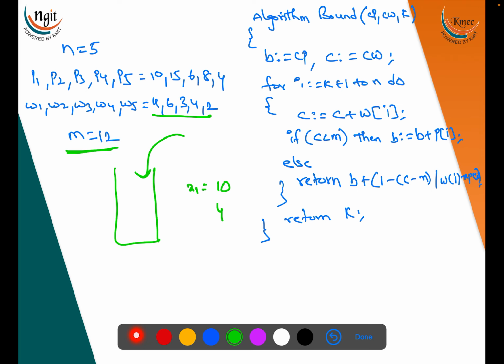So one thing is very clear: you cannot place all these items inside the bag. But you can place items such that the weight is less than or equal to m, and the profit is maximized. Keeping this constraint in mind, we will place these items inside the knapsack, the container, or the bag. Now let's see how the knapsack algorithm works.